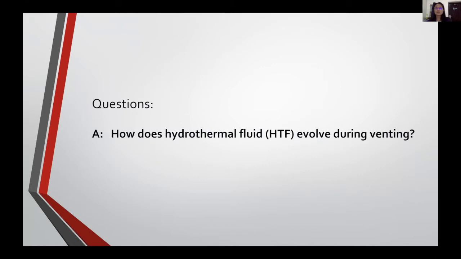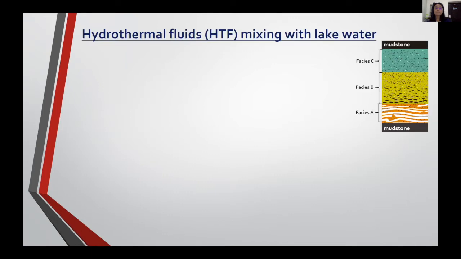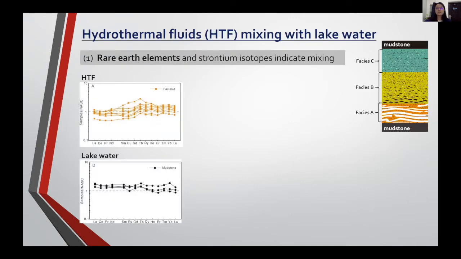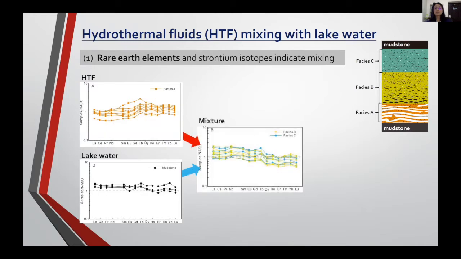Here we use several geochemical methods to reflect the changes of hydrothermal fluids. Rare earth elements of hydrothermal brine show differences from those of lake water. Dolomites inherit some characteristics of both hydrothermal brine and lake water.